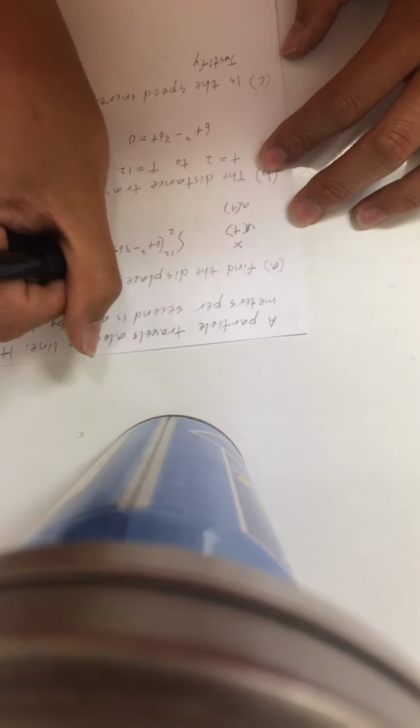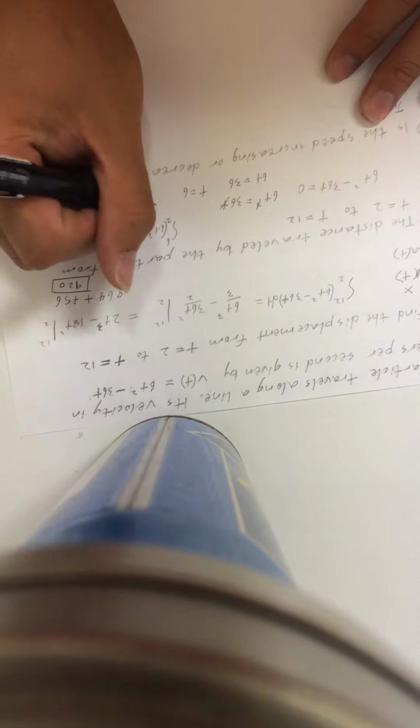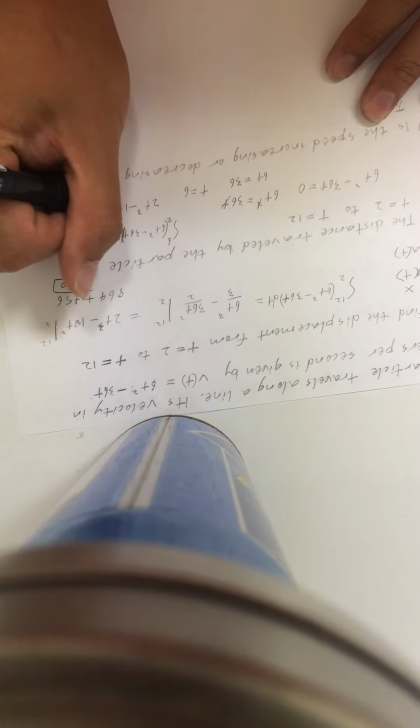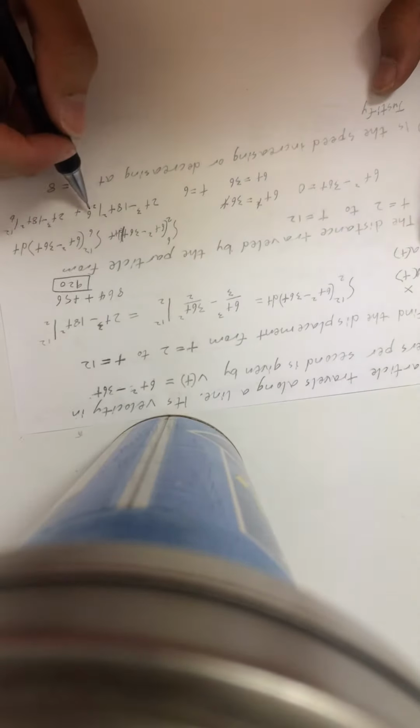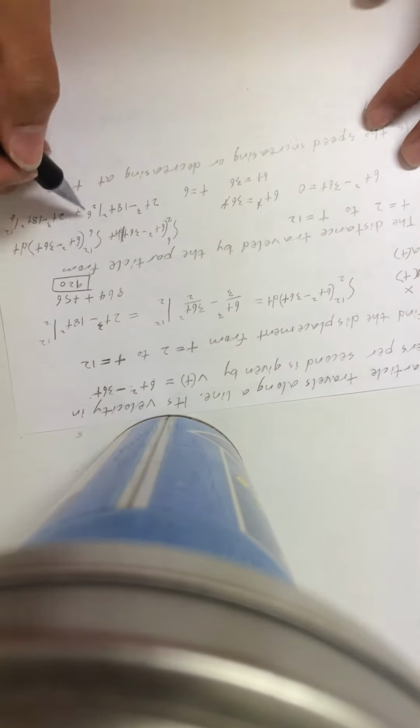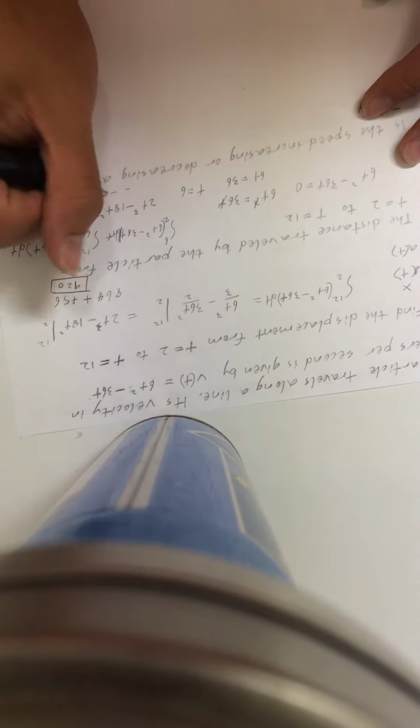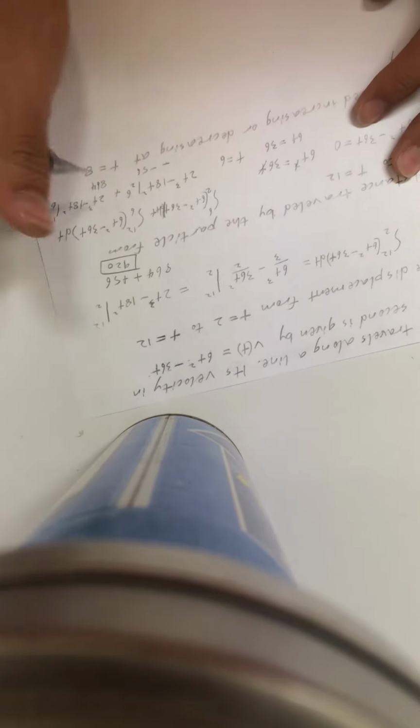So doing that will give me 2t cubed minus 18t squared from 2 to 6 plus 2t cubed minus 18t squared from 6 to 12. So since we know that 2 is already negative 56, just go ahead and put in that, and 12 is already 864, so plug in that.